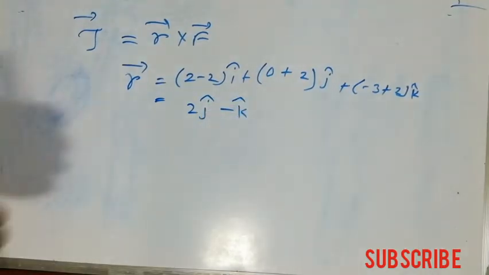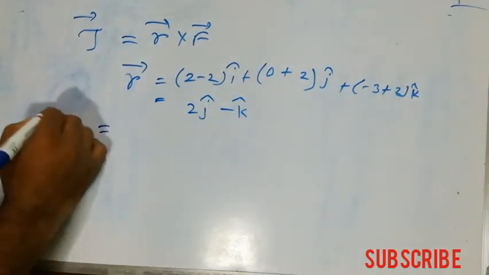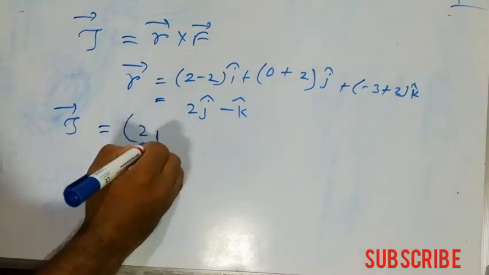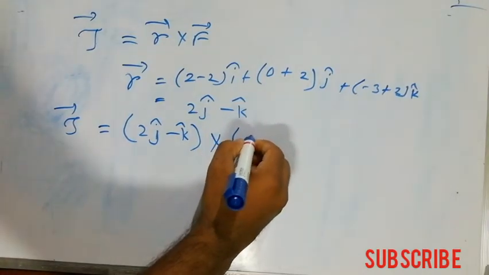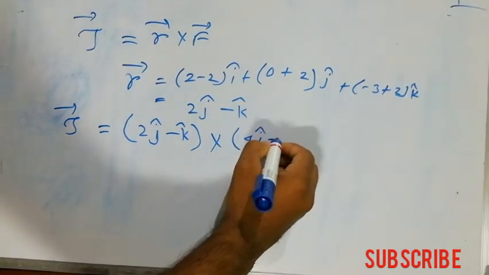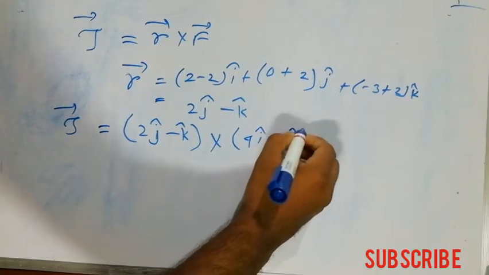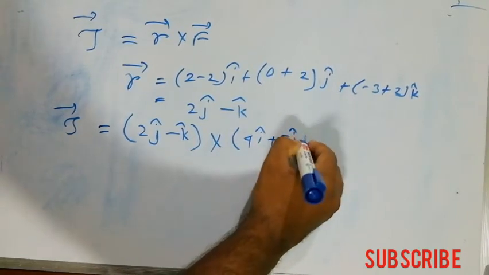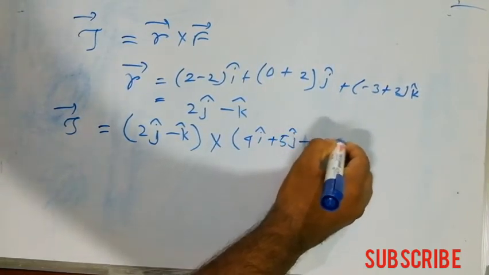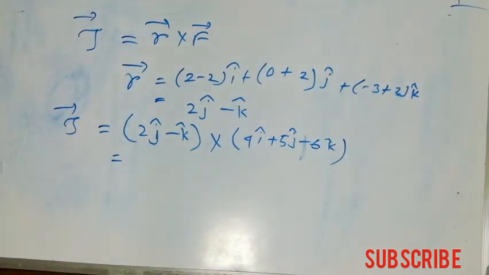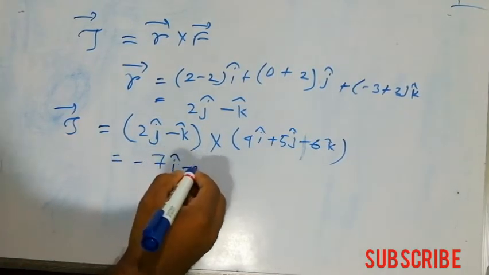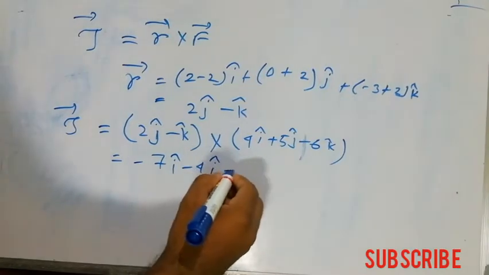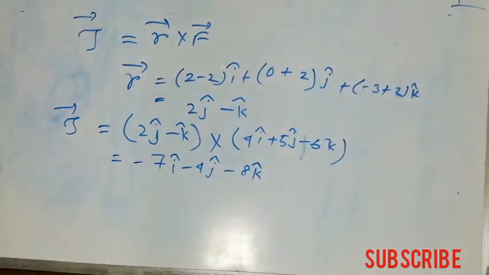Torque tau is equal to R cross F, that is (2 j cap minus k cap) cross (4 i cap plus 5 j cap minus 6 k cap). The result of the cross product is minus 7 i cap minus 4 j cap minus 8 k cap.